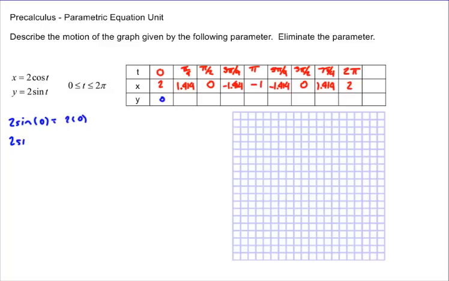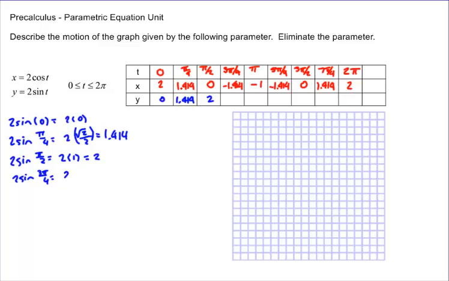Then I'm going to look at 2 sine of pi over 4. Well, that's going to be 2 times the square root of 2 over 2, which is 1.414. And then 2 sine of pi over 2, that's the same thing as 2 times 1. So when x is 0, y is 2. And then 2 sine 3 pi over 4.